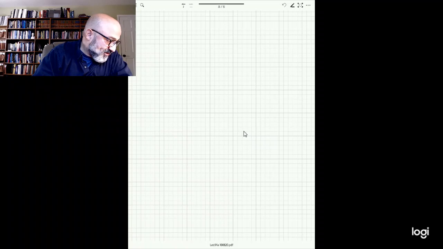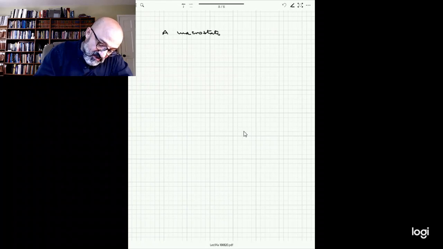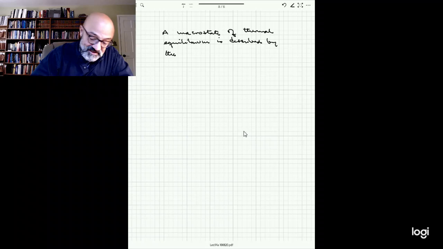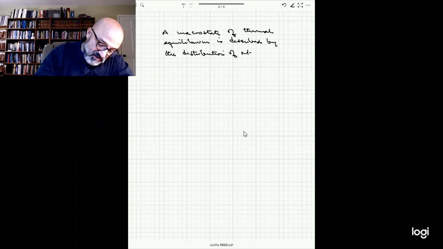To summarize the whole description, this is the thermodynamic version, a macro state of thermal equilibrium is described by the macro state distribution, the distribution of maximum entropy.